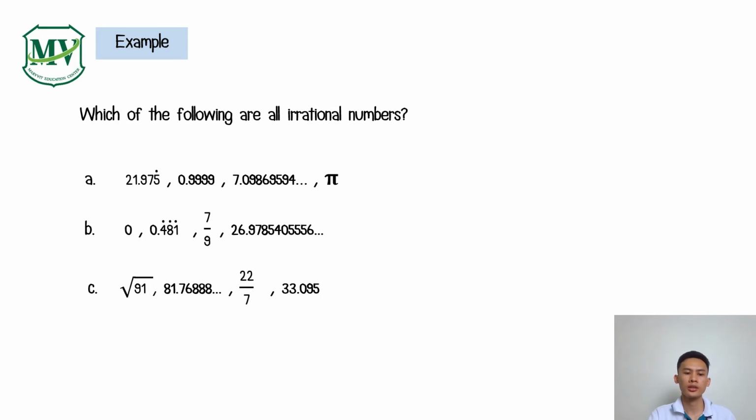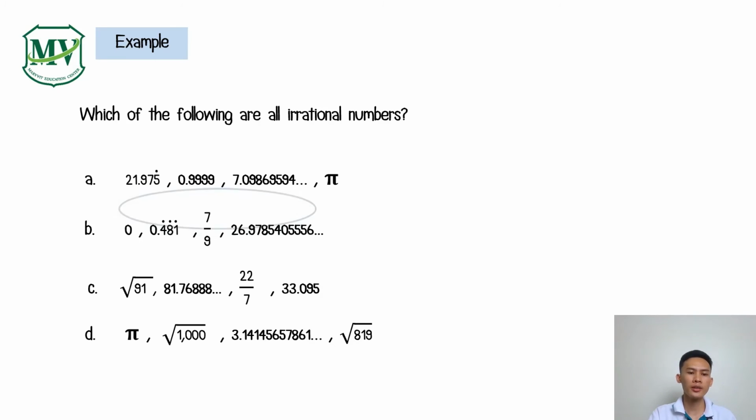In letter C, square root of 91, 81.76888 and so on, 22/7, and 33.095. Letter D, pi, square root of 1000, 3.14145657861 and so on, and square root of 819.